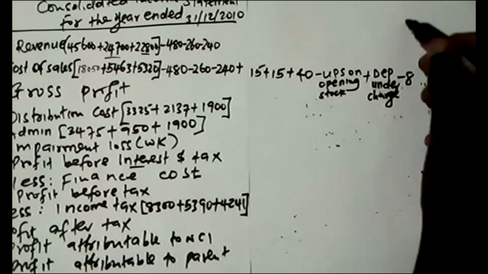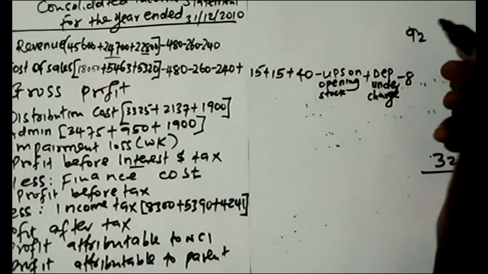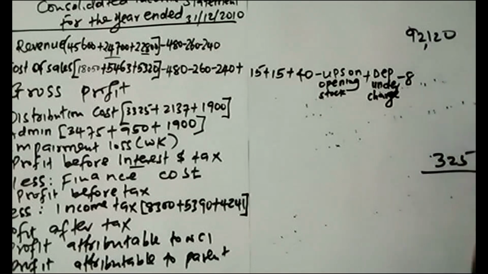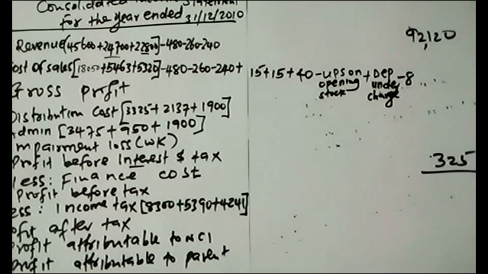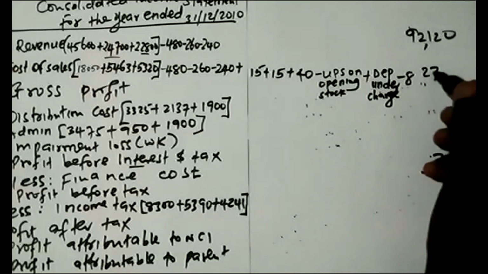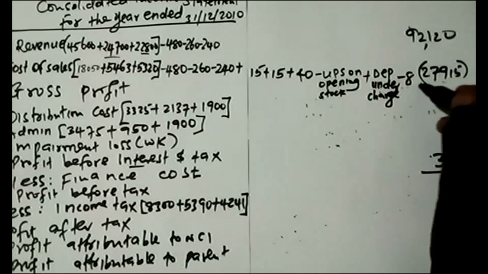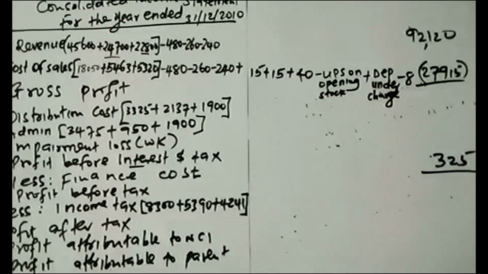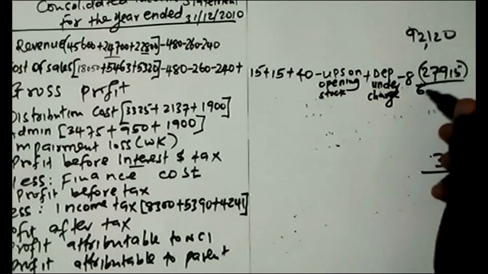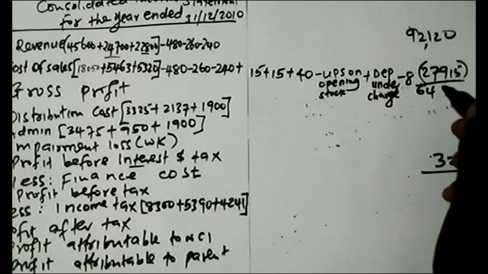For the first one, I'm getting 92,120. You can confirm that. The second one, I'm getting 27,915. You can confirm that. Then if I subtract the 2, it's supposed to be 64,205.